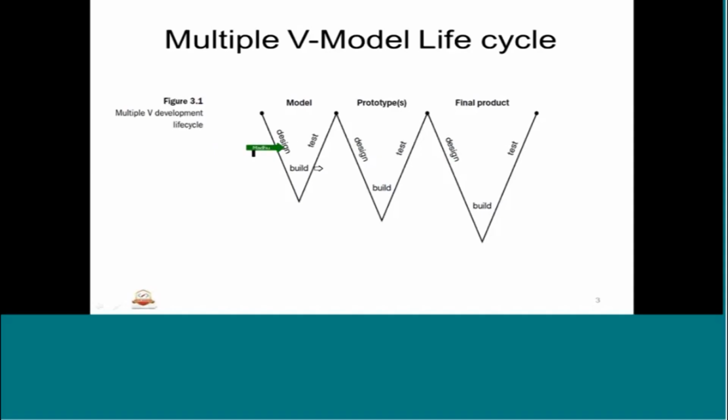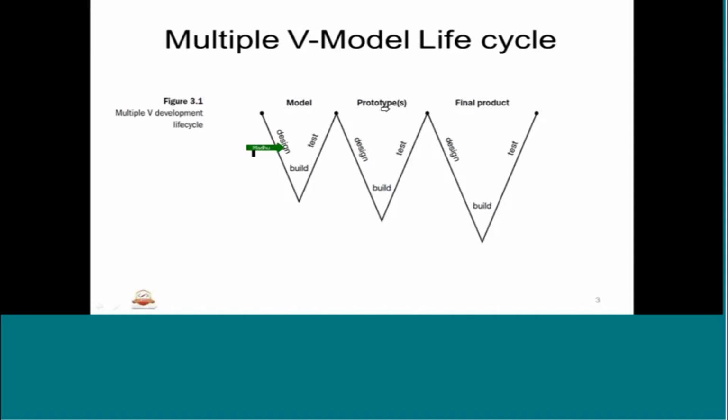It again depends on what sort of development we are going to adopt. So basically the model or the initial prototype will have a smaller V model life cycle, whereas the prototype will have the next. I have put yes, in that book it is mentioned as yes. Why?